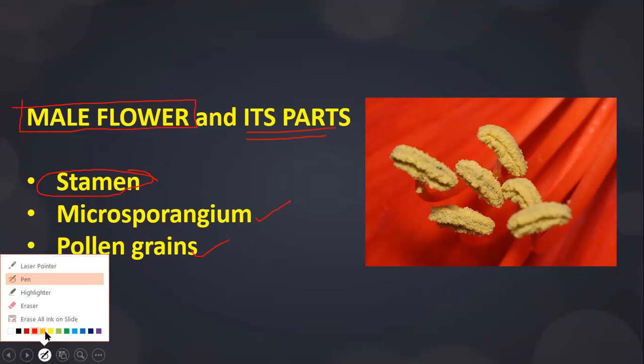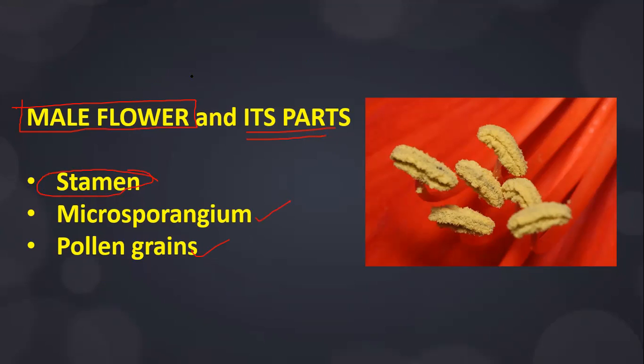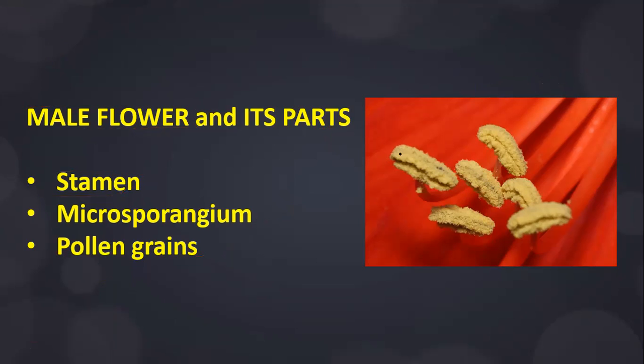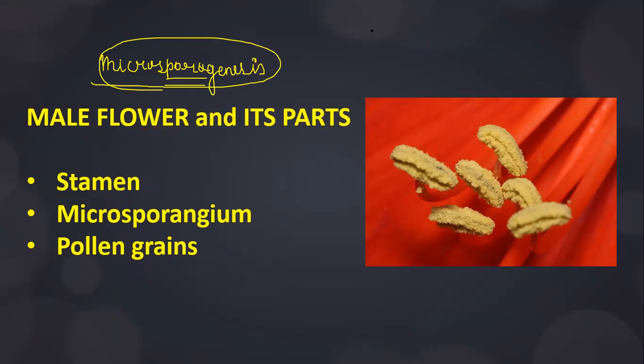The entire process of formation of the microspores, you will call microsporogenesis. So simply we can say that in this module, we will be dealing with the entire concept of microsporogenesis.